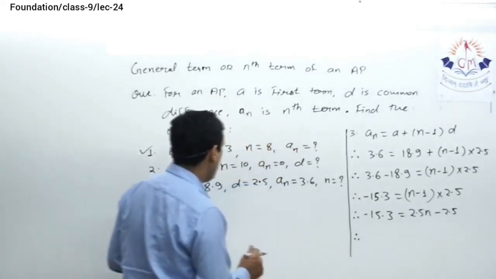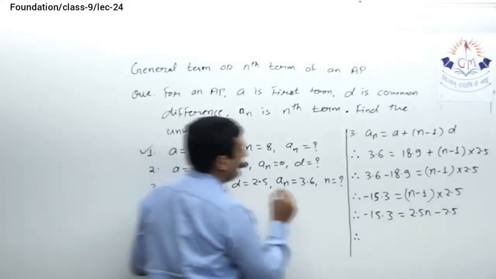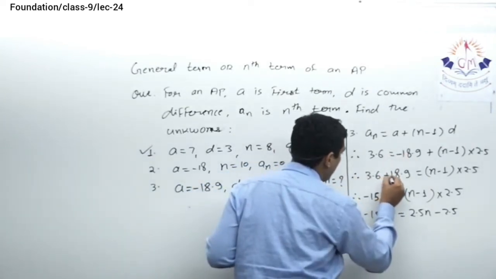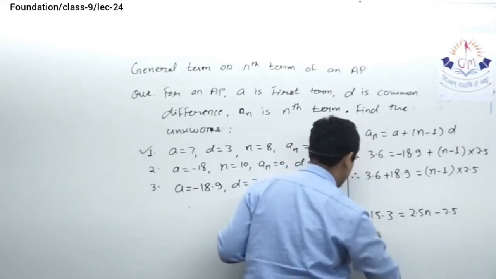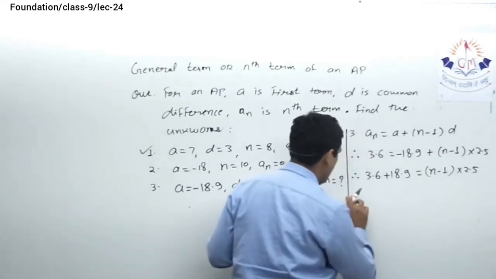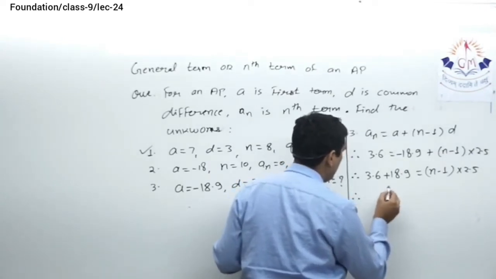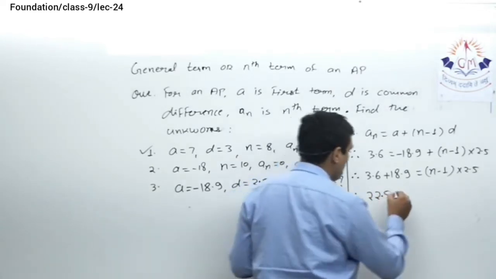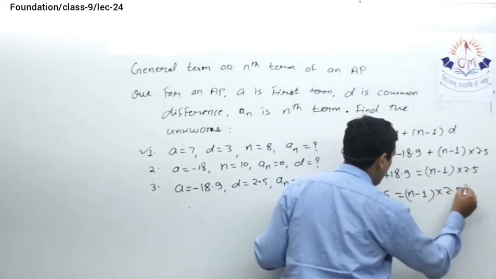So there is a small change actually here. a is equal to minus 18.9, so this will become plus 18.9. So here it will become 22.5 is equal to n minus 1 multiplied by 2.5.